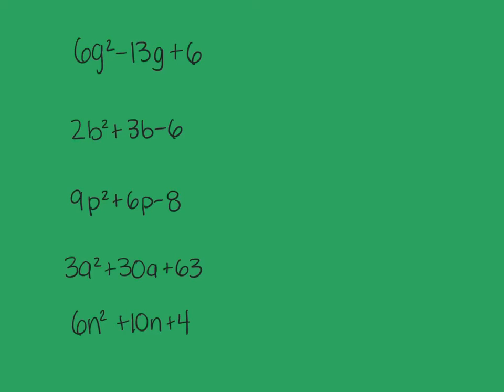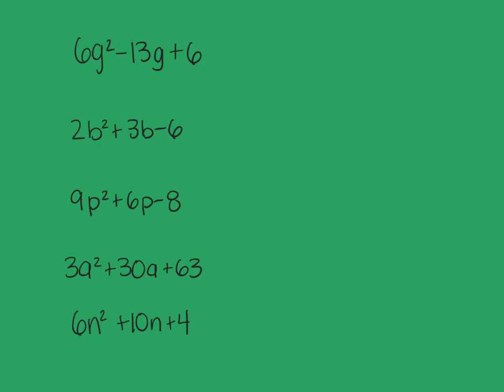All right, so here are the other 5 problems on the page that you need to complete in addition to the 4 on Google Classroom. Just final notes on this. Some of them might be prime. Be sure you check for that. And also be sure you're still thinking about what we learned yesterday. Before you solve it, check to see, is there a number that all 3 of these can be divided by?